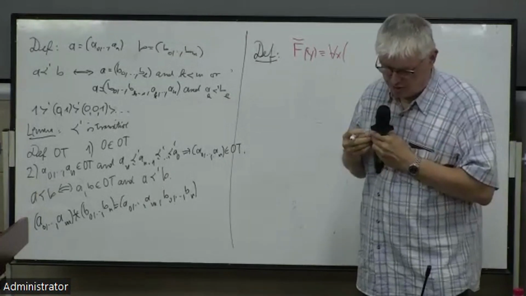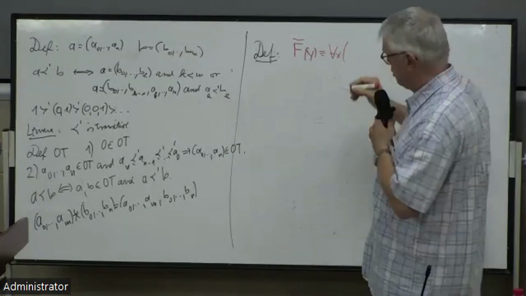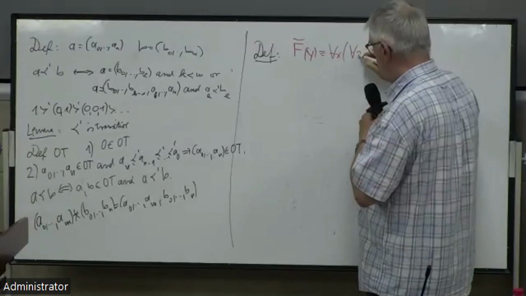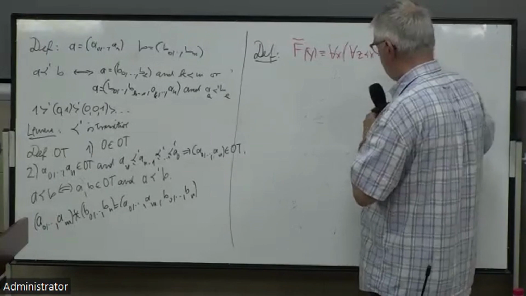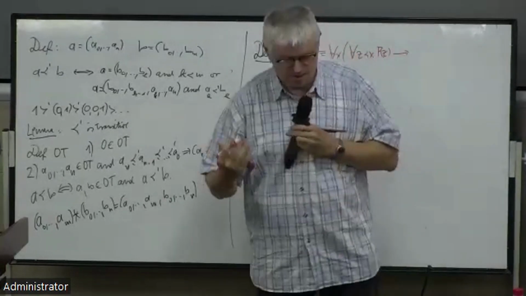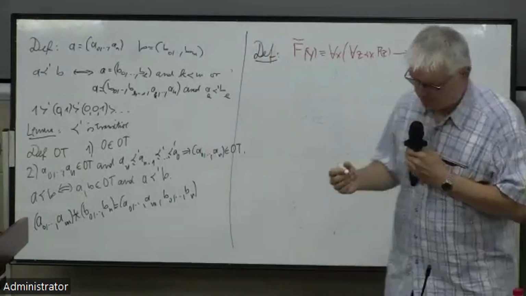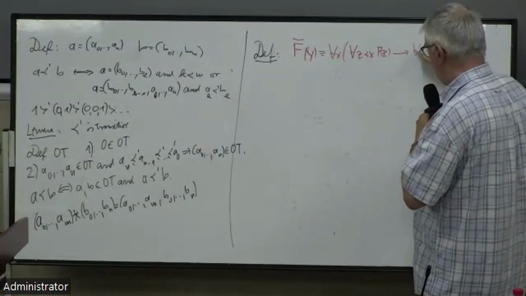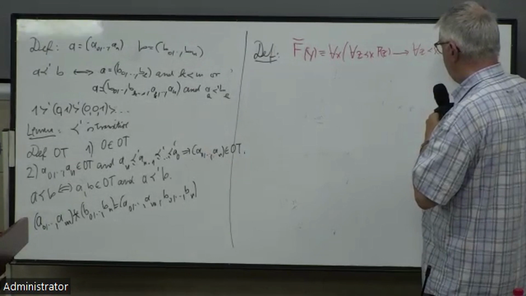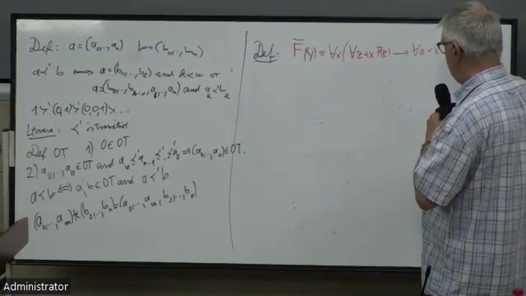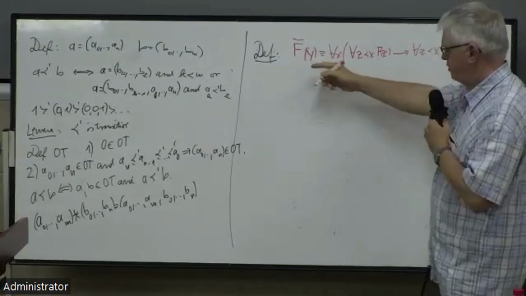Now we have the premise of a transfinite induction. So for all Z smaller than X, F of Z, this implies that I can extend this premise of transfinite induction to for all Z smaller than X, concatenated with the sequence of length 1 consisting of this one.